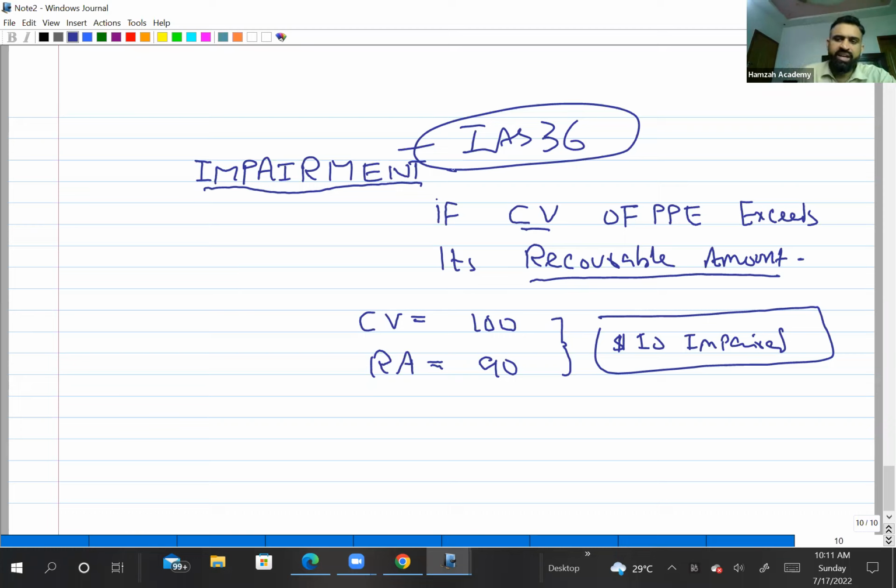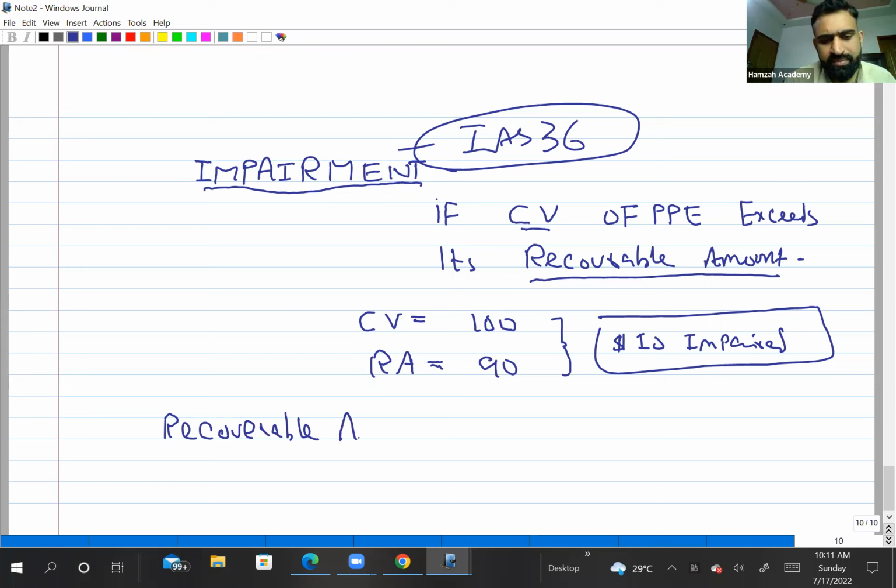So whenever the carrying value of the property, plant and equipment exceeds its recoverable amount, that is known as impairment. And recoverable amount, what is recoverable amount?